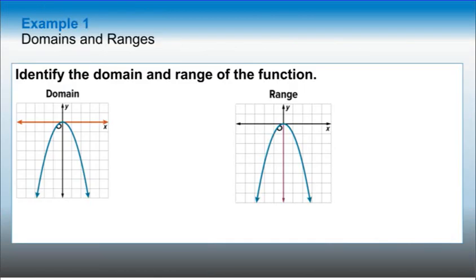So let's take a look at an example. We want to identify the domain and range of the function. So the first one here, the one on the left, they're the same, both of them are the same graph. But on the left, we're just looking at the domain, which are all x values.